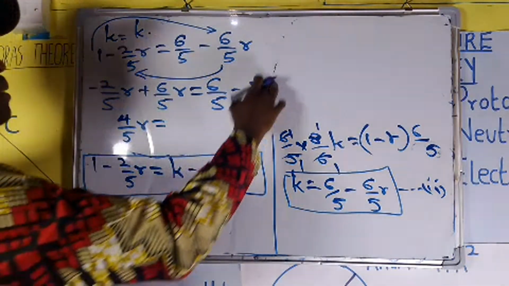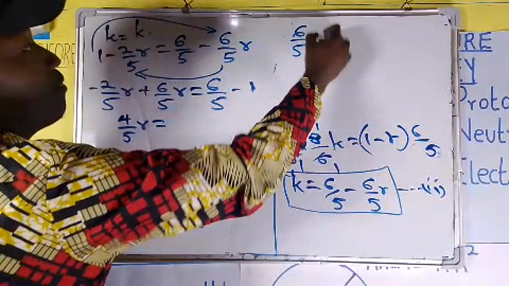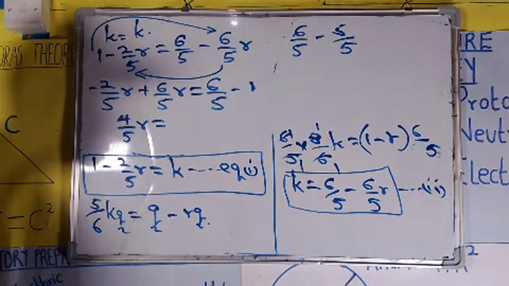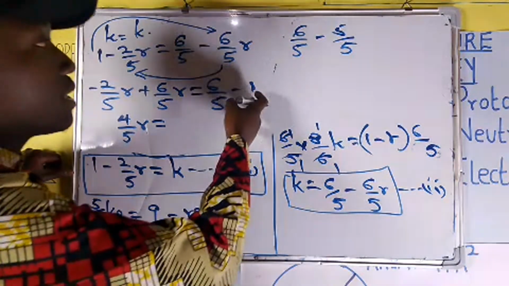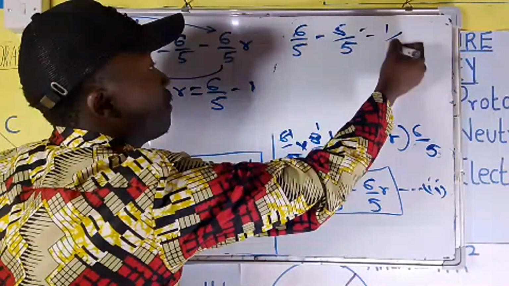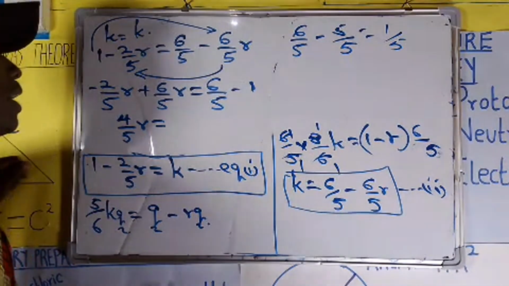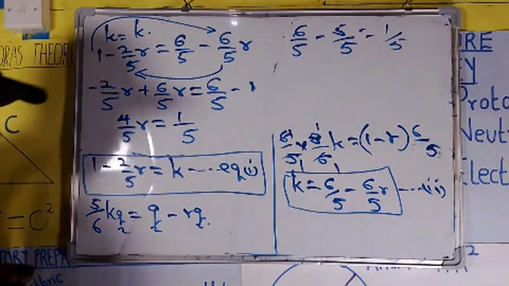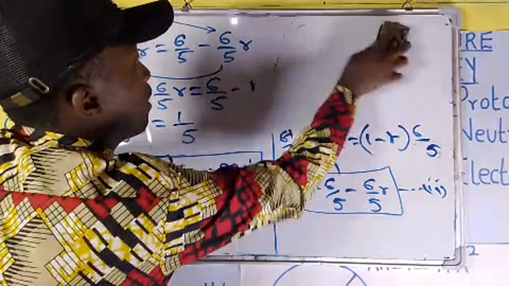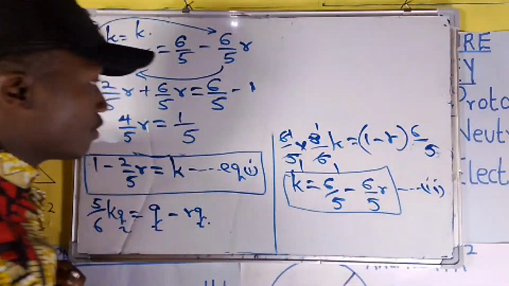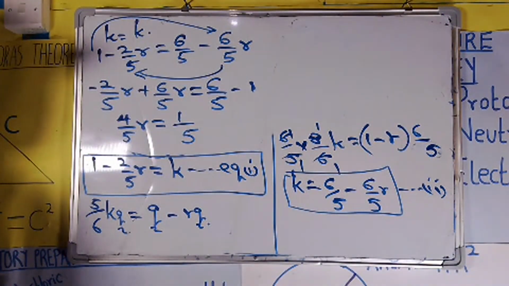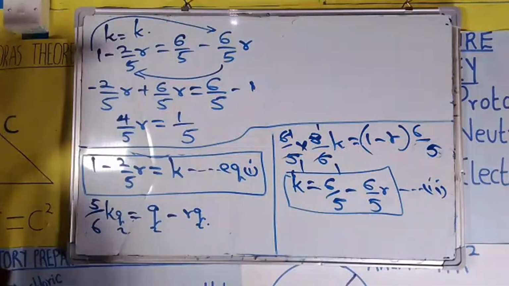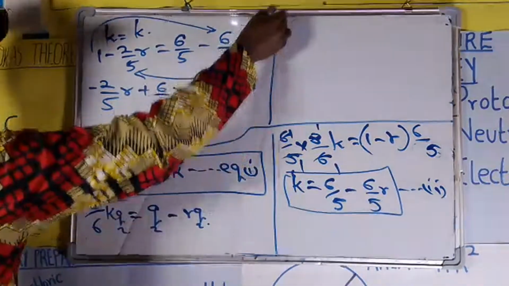What is 6/5 minus 1? 1 is the same as 5/5. Let me write it like that. I know you have calculators, but 1 is the same as 5/5, so it will give us 1/5. So 6/5 minus 1 is the same as 1/5. So we will proceed here.